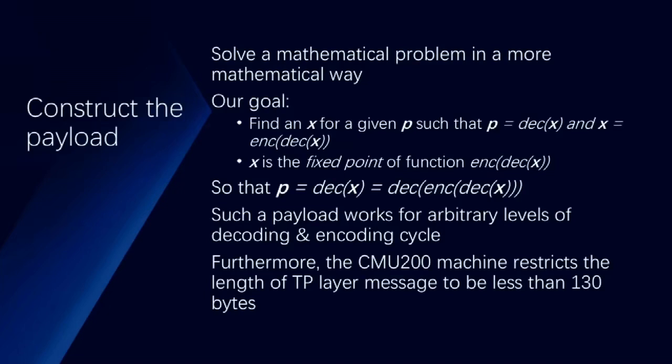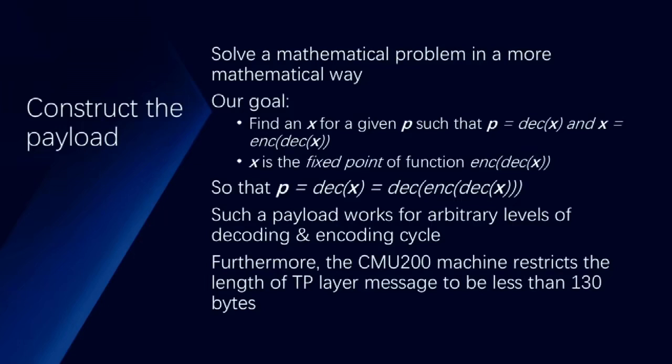With this condition, you can derive p equals decode(encode(decode(x))), which is exactly what we want. Furthermore, this kind of payload can go through not only one or two cycles of encoding and decoding, it can go through arbitrary levels of encoding and decoding and survive all the time. So this is a very elegant solution, and this is what we want.